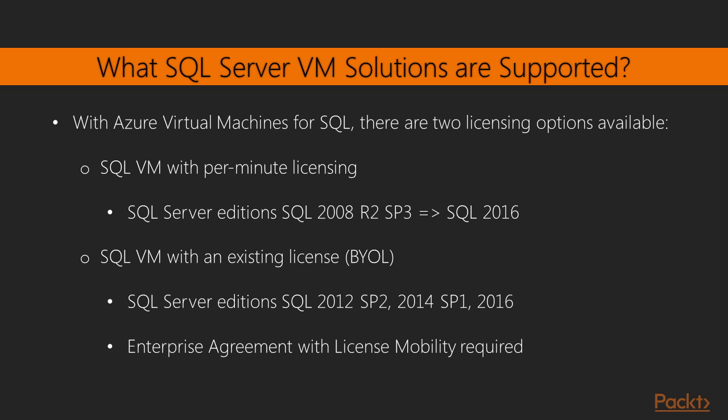Instead of paying for your license twice, you're opting in for the bring your own license model, basically meaning that you're moving your already running SQL Server virtual machine, including its license, from the on-prem environment to Azure, starting it up in Azure as an Azure virtual machine, which again is supported as of SQL 2012 Service Pack 2, SQL 2014 SP1, and SQL Server 2016.